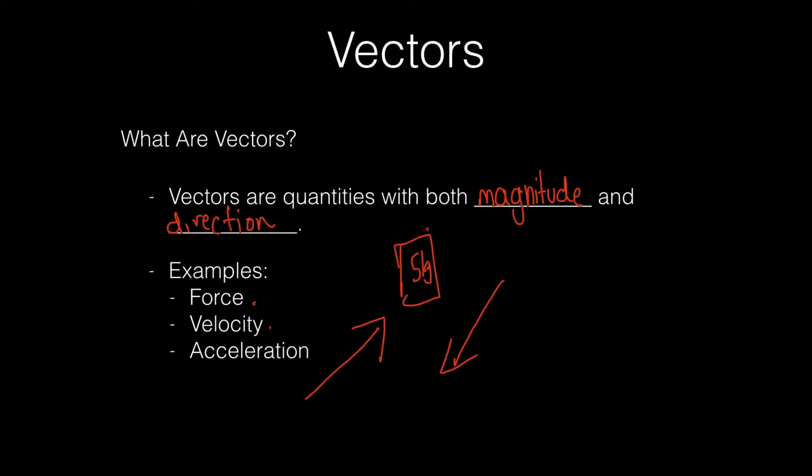It doesn't have any direction to it. It's just 5 kilograms, period. But a force, on the other hand, is like 5 newtons in that direction, or 6 newtons in that direction. That's basically what defines a vector.